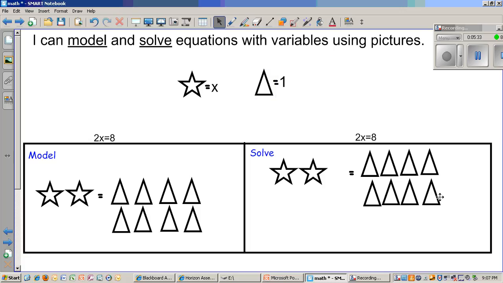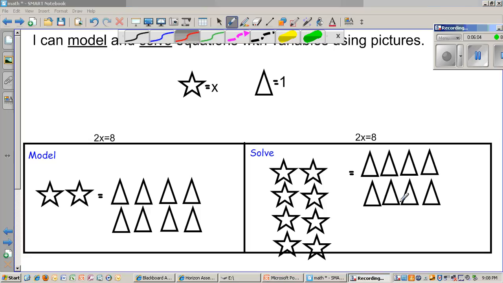And if I want to make this side equal to that side, I have to put 8 over here, right? So let's go ahead and put them. Here's 4, 5, 6, 7, and 8. So now we have 8 over here. We have 8 over there. This is equal, right?